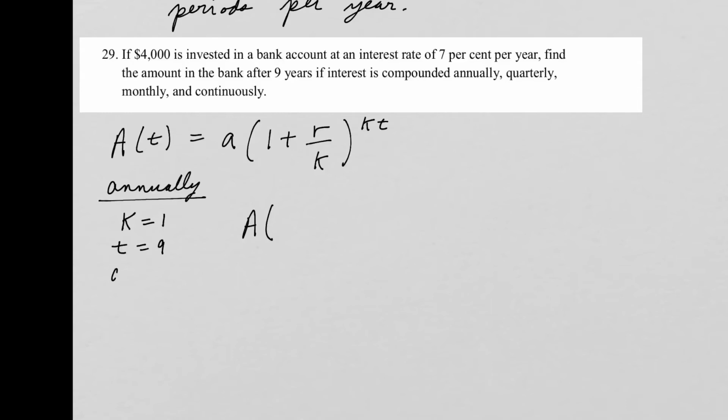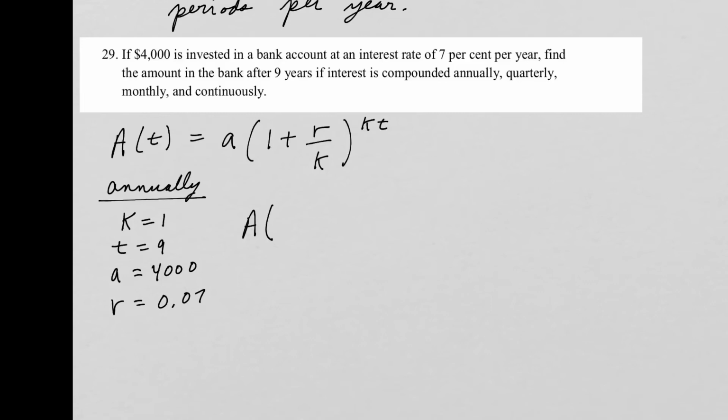And little a is the starting value, or our principal, that's $4,000. And r in this case, since it's an interest rate of 7%, is going to be 0.07.